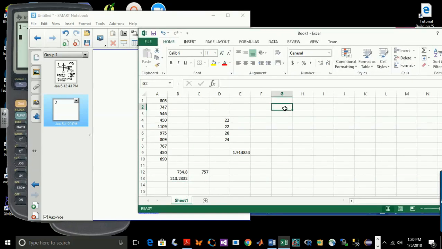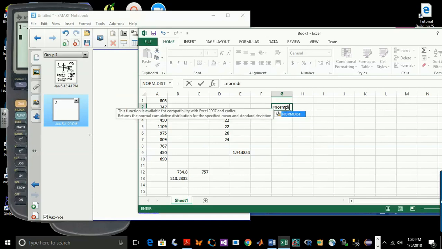normDist is one way of calculating the area to the left of 165, and it goes like this. normDist, and then you put in your x value, which is 165. That's your data point. Then the mean, which is 120. Look at the IntelliSense of normDist. It even informs you of what the values are.